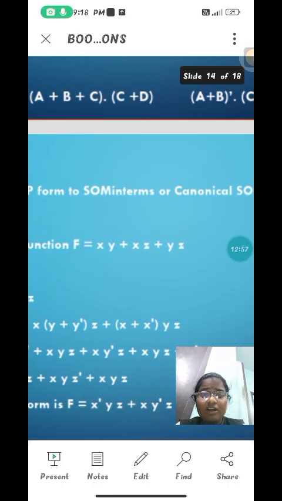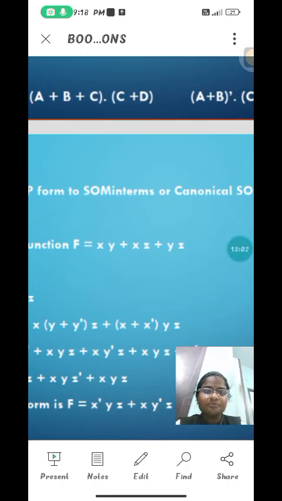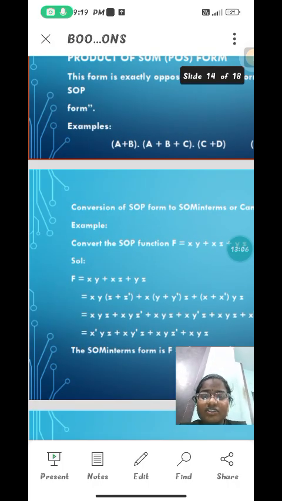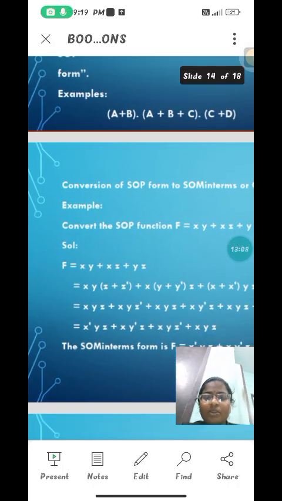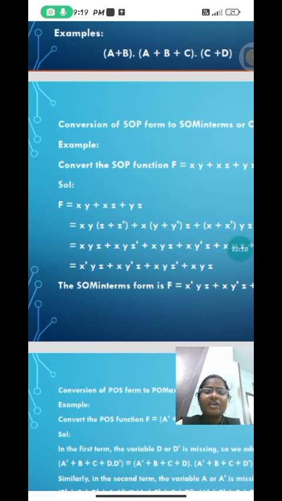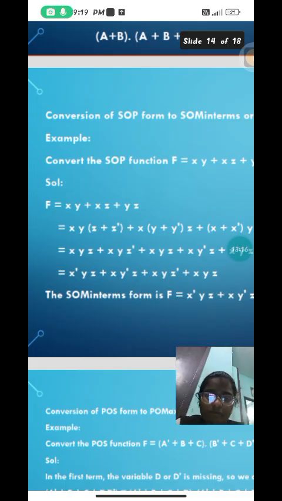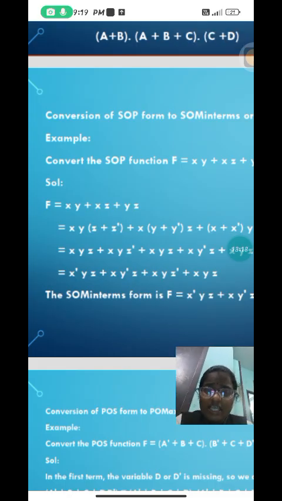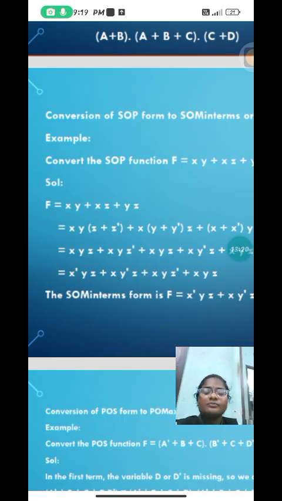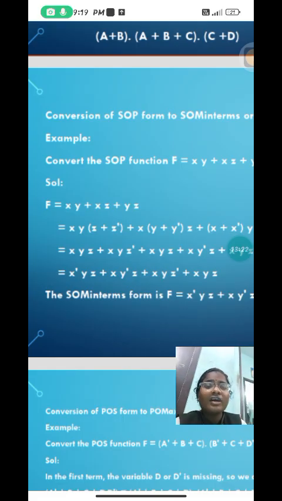See this function: f equals xy plus xz plus yz. We simplify the Boolean function. See this solution: our given function has xy, xz, yz. In xy we are missing z. By Boolean theorems, z plus z bar is 1.